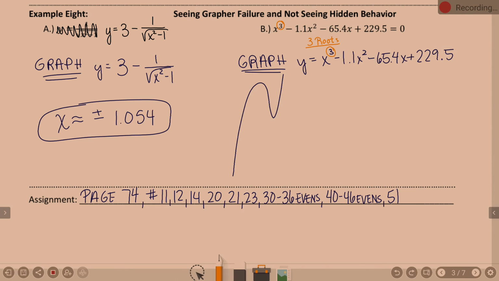Now, as we approach this, watch your y values here. Notice my y value is positive, yes? My y value is still positive, yes? Y value is still positive. Notice what happens now. Now my y value is negative. What happened for my y value to turn from a positive to a negative?